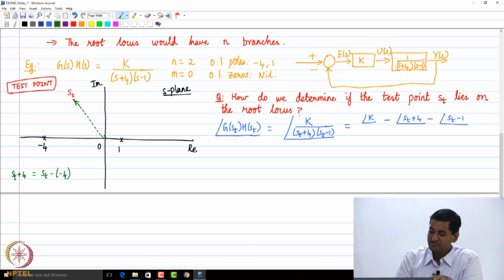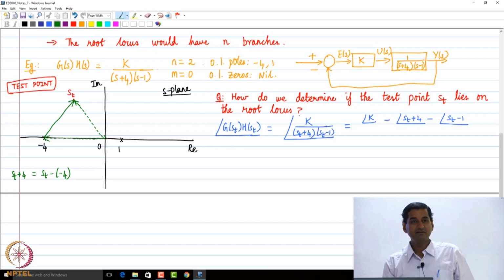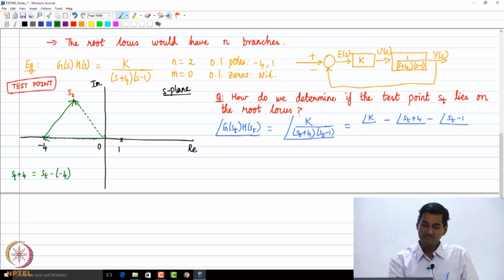What is the vector minus 4? The vector minus 4 is going to be from the origin to minus 4. So, what is going to be St minus of minus 4? It is going to be a vector which starts from minus 4 and goes towards St. This is the vector St minus of minus 4.